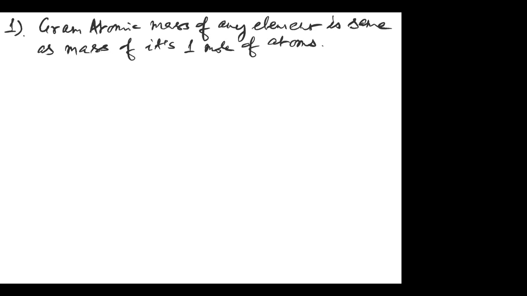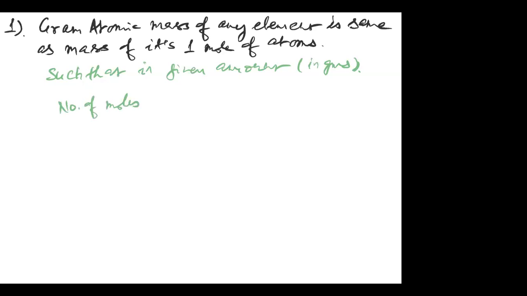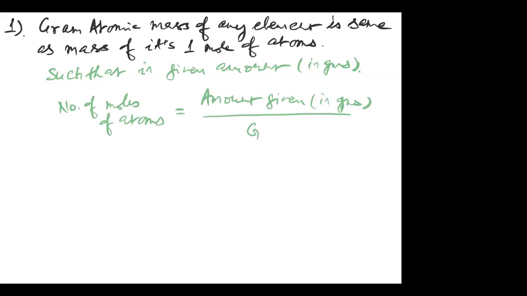Such that in a given amount, let's say this amount is given in grams mass, the number of moles of atoms should be equal to, according to the unitary method, the amount given in grams divided by the mass of 1 mole of atom, which is gram atomic mass.